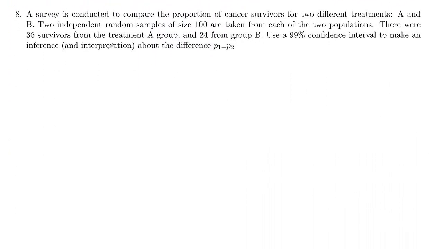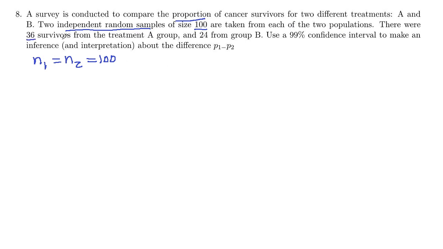And then the last question here: surveys conducted to compare the proportions here, not means, proportion of cancer survivors for two different treatments, A and B. Two independent random samples of size 100 are taken from each of the two populations.